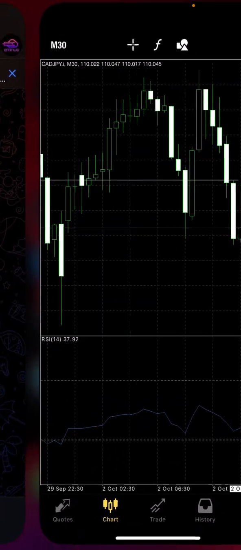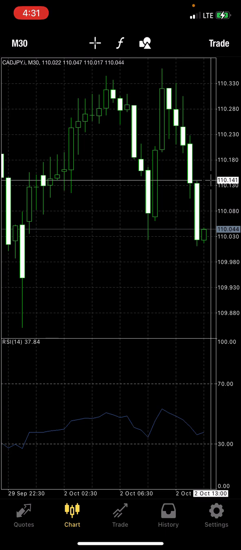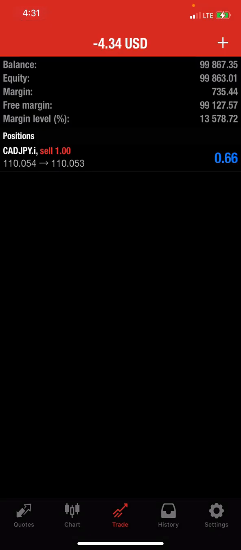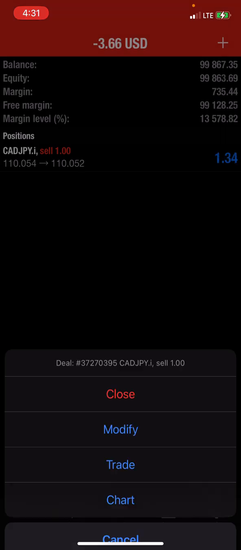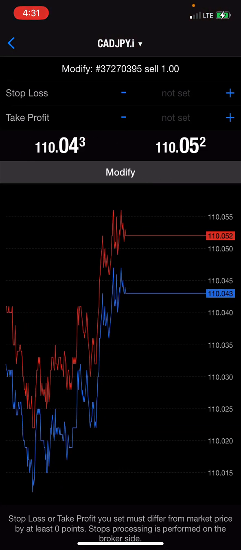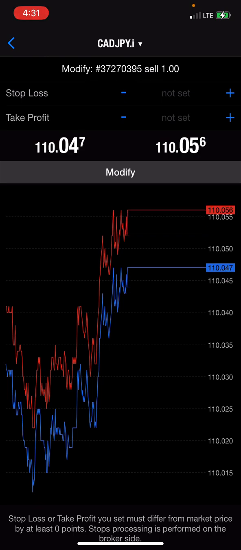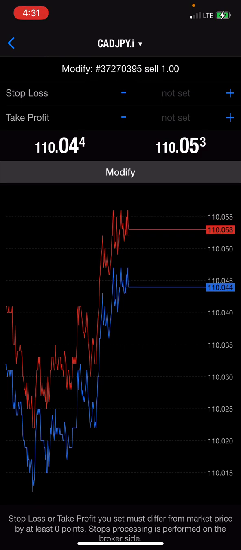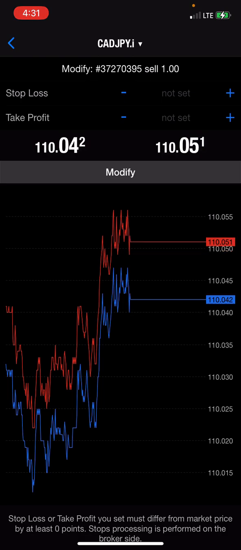See, so I can come here, my stop loss, my trade, right? And I can give it more swing. I can say, well, if I'm trusting what they believe, which is going to go down that way, then I can say 110.14 on my stop loss to make sure I got enough swing to try to get down there.